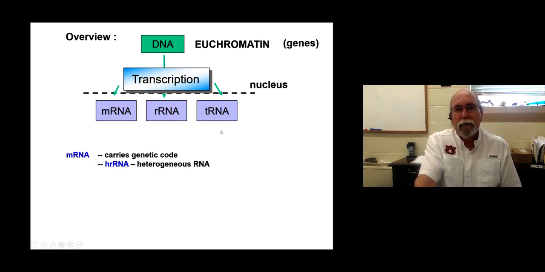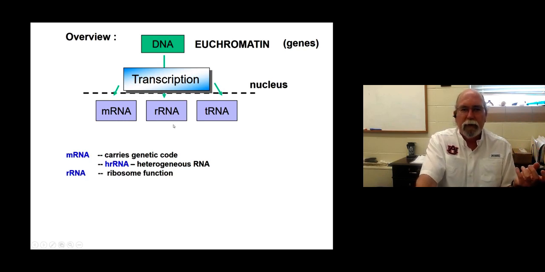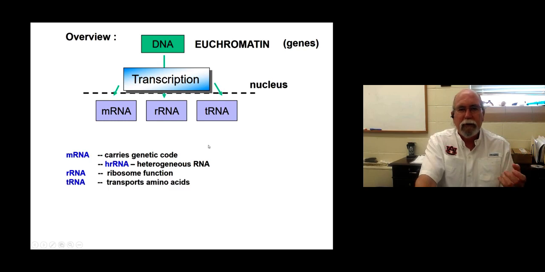Okay. Other things, though, are transcribed. Remember, we said there's the classical gene, meaning that piece of DNA that forms these messages that'll make protein. But ribosomal RNA also has to be transcribed, and it turns out it gets modified. tRNAs, which we're going to use in the next series of lectures when we talk about the translational process, are actually modified as well.